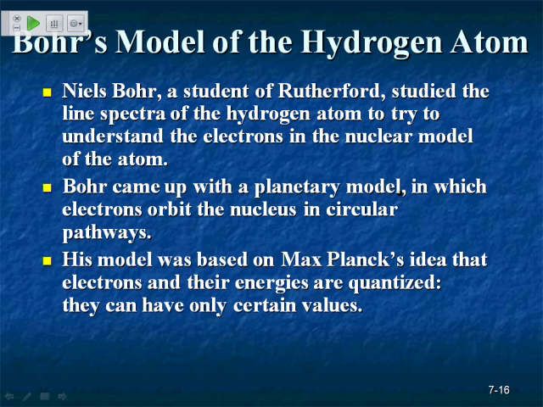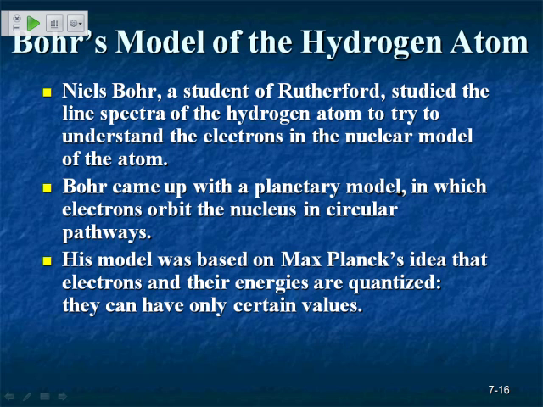How can they exist as a cloud outside the nucleus? So he picked up hydrogen, its line spectra, because it was the simplest one to study, and he started giving some explanations which actually made sense at that time.